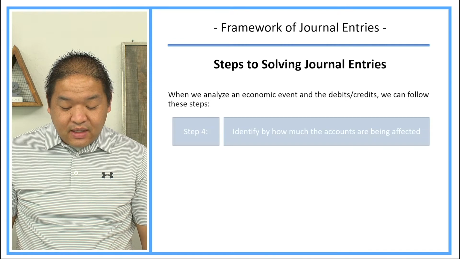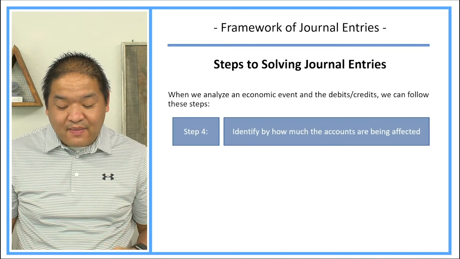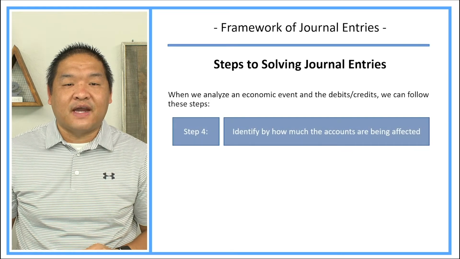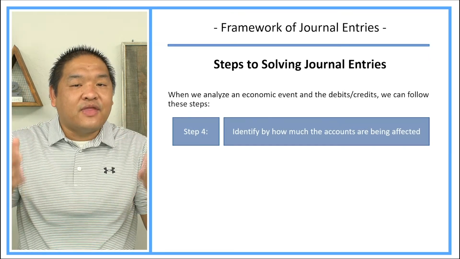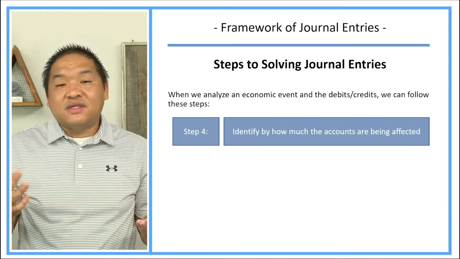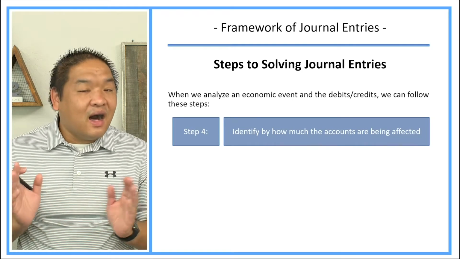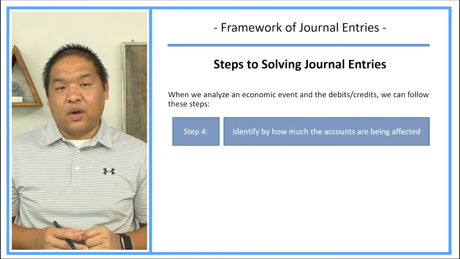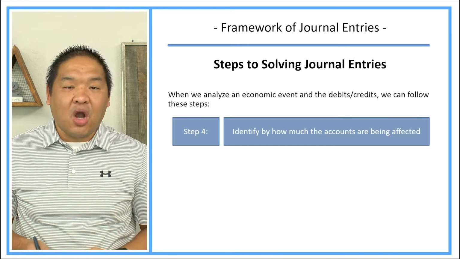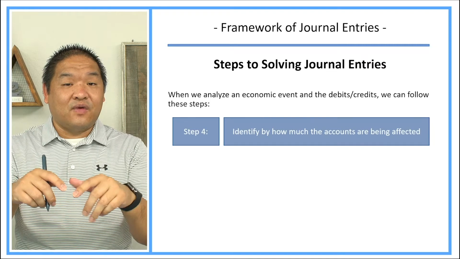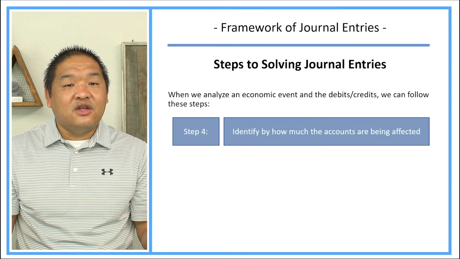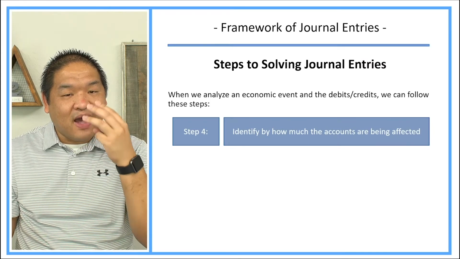Then in step number 4, identify by how much the accounts are being affected. So we're going to look at the transaction and go, okay, what's the dollar amount that's being affected? And most of the time, it's super easy. Other times, it takes a little bit of work. For instance, if you go out and buy a car and you pay a little bit in cash and you take out debt for the other part, then you're not going to impact 2 accounts, you're going to impact 3 accounts.